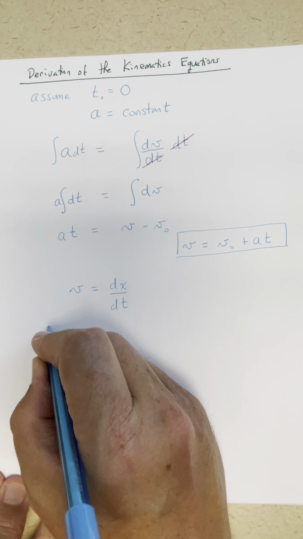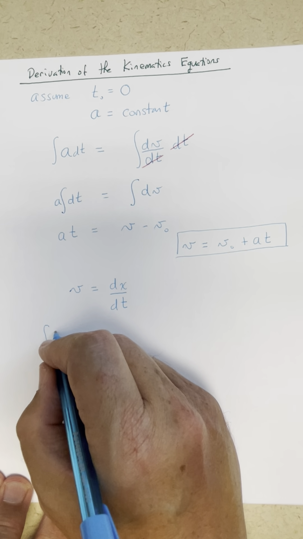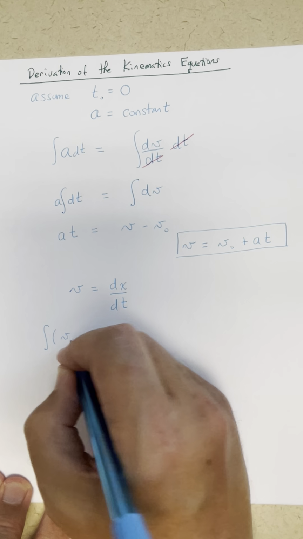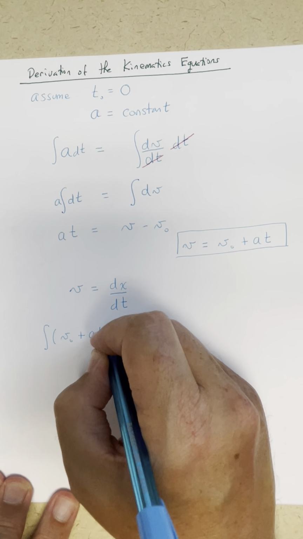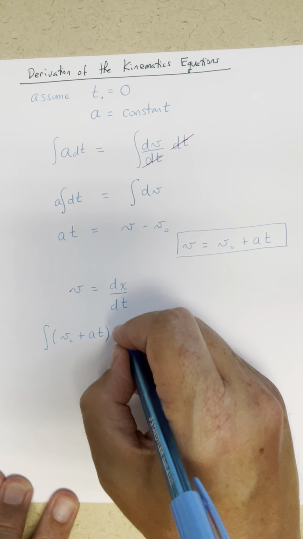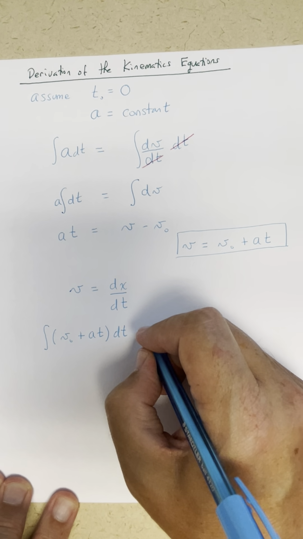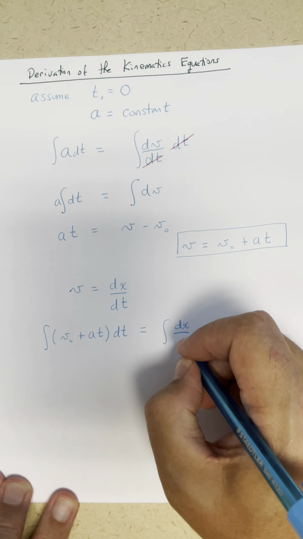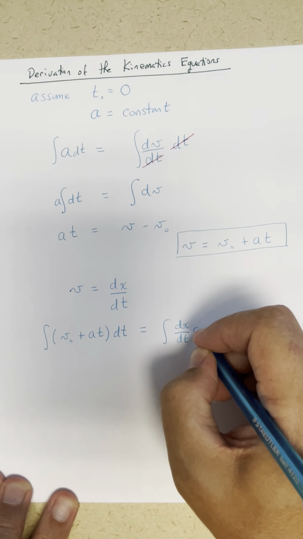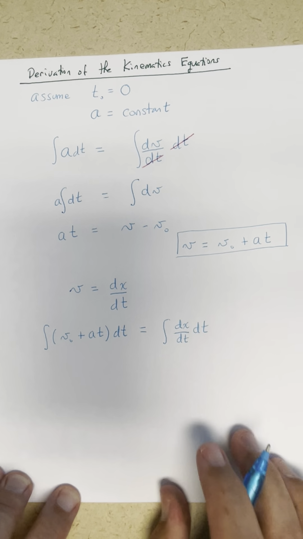So the equation I'm working with is going to look like v0 plus at integrated with respect to time is going to be the integral of dx dt integrated over time.